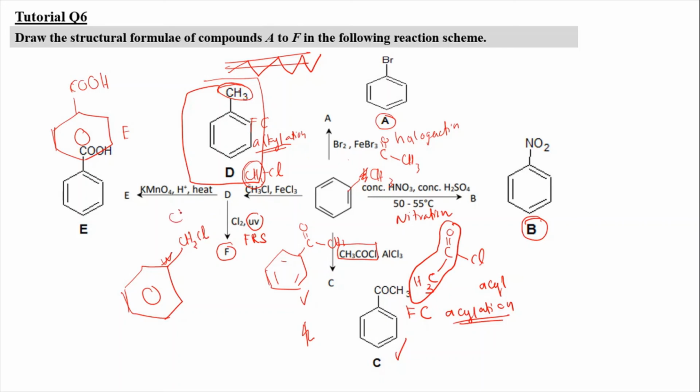Okay, initially it's going to be CH3, but one of the hydrogen is going to be replaced with Cl. Alright, so this undergoes free radical substitution with the presence of UV. Okay, and label it as F.